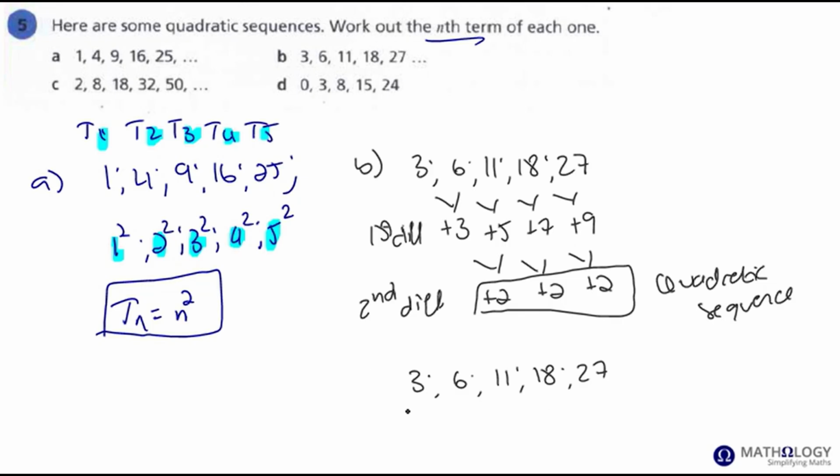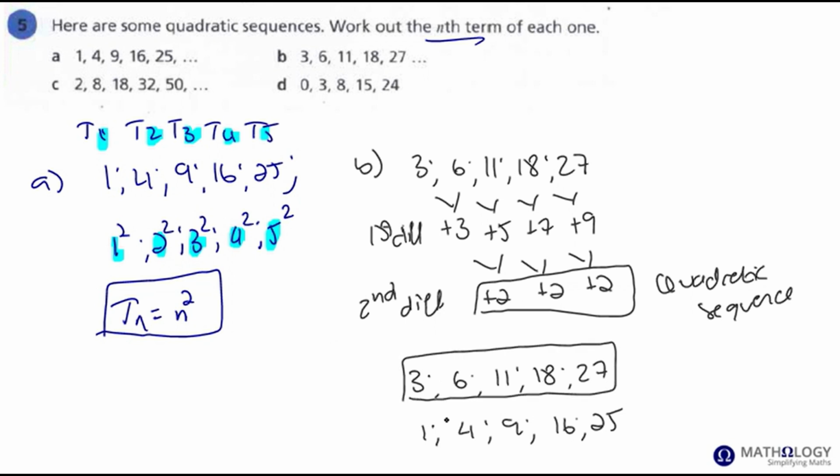Okay, now we're going to compare this sequence, 3, 6, 11, 18, 27, to the square numbers 1, 4, 9, 16, 25. So we're comparing this to this sequence.